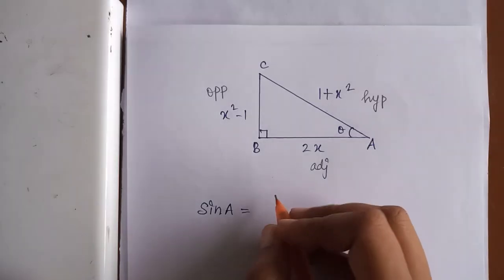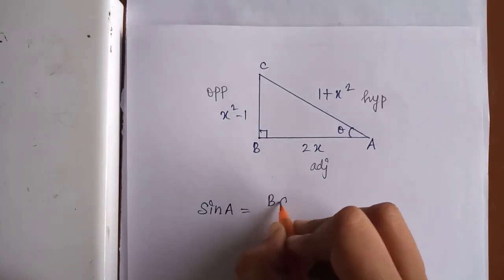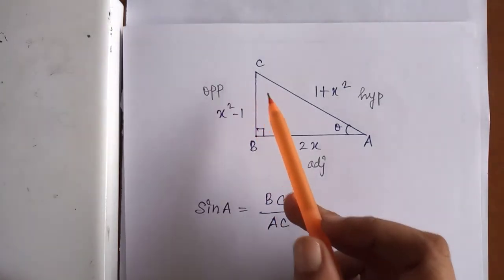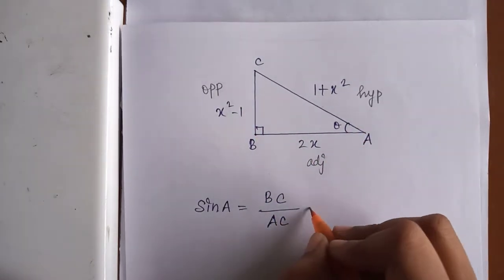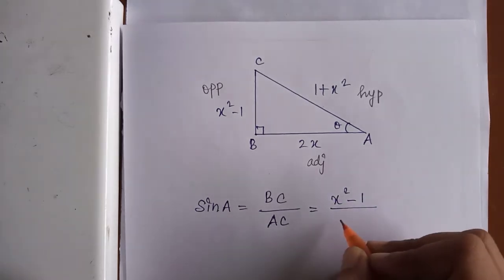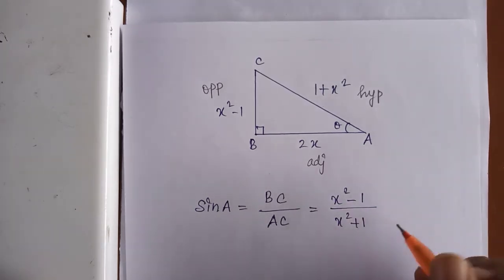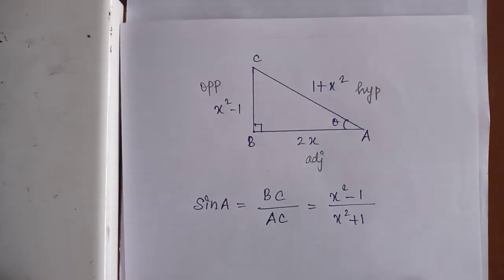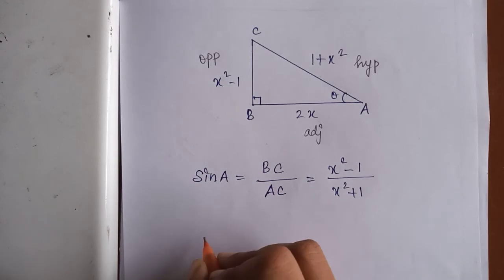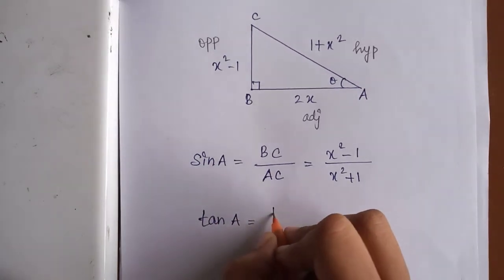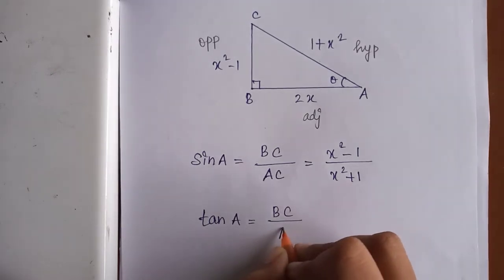So therefore sin A is equal to BC divided by AC, that is opposite by hypotenuse, which is equal to x square minus 1 divided by x square plus 1. We can write it as 1 plus x square or x square plus 1. The value doesn't change. Next we have to find tan A. So tan A is equal to BC divided by AB.